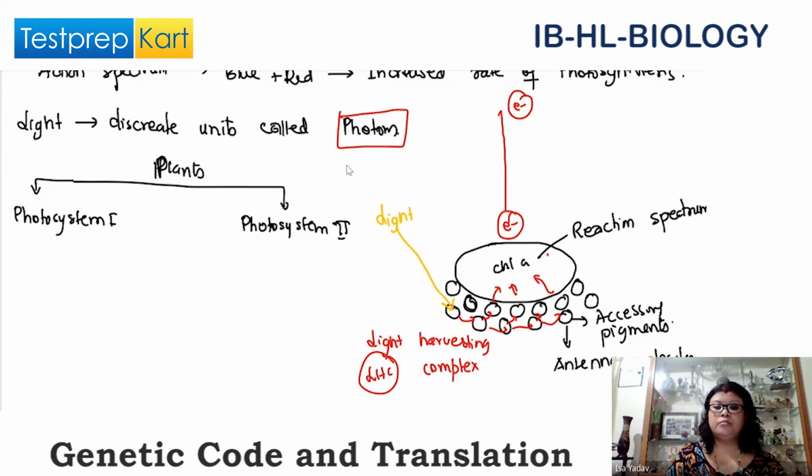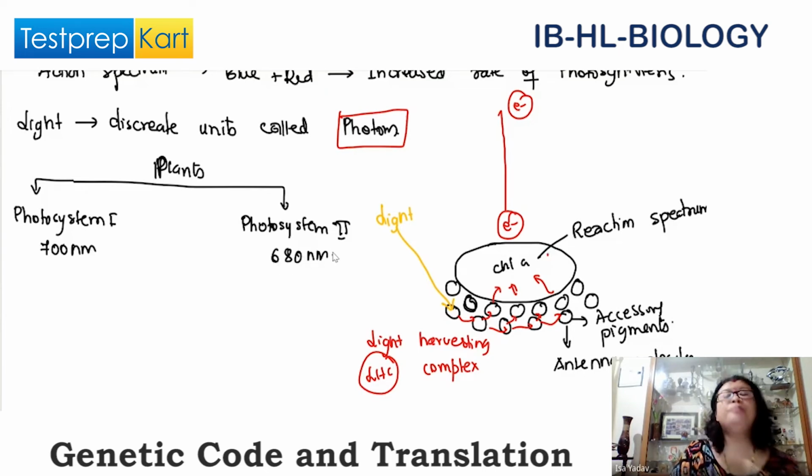Clear? So what is a photosystem? It's a system of pigments which helps to produce more sugar. Again, I'm repeating, it is a system of pigments which helps to produce more sugar. Photosystem 1 is active at 700 nanometer. Photosystem 2 is active at 680 nanometer.